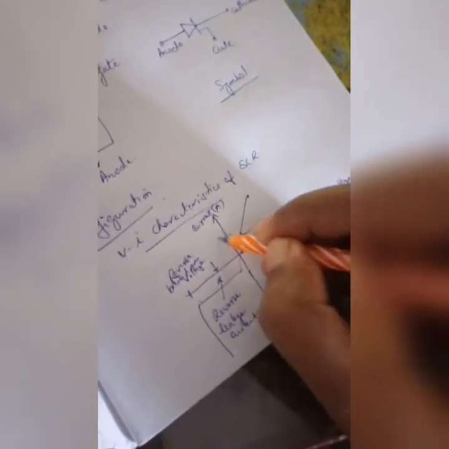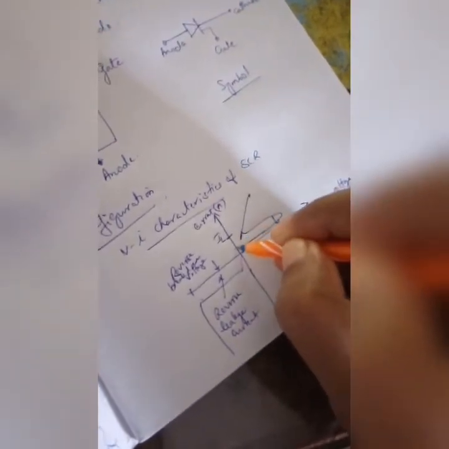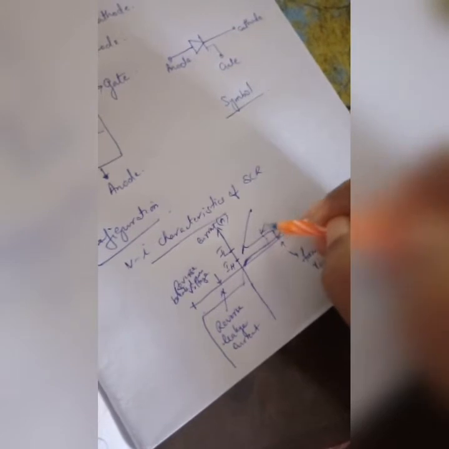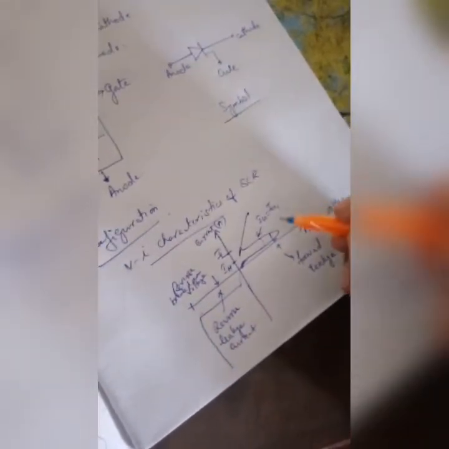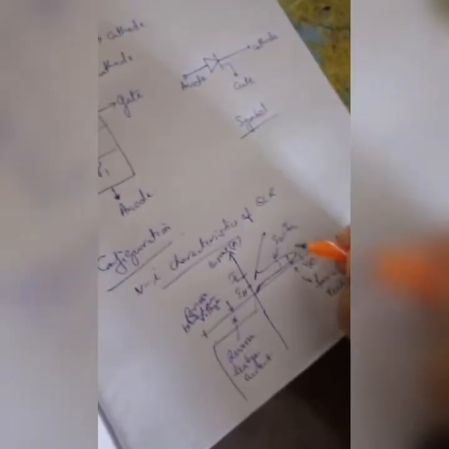This current is represented IL and the line extrapolated represents IH. This is IG equal to IG1. This voltage is VBO, the breakdown voltage. Here IG is equal to 0.